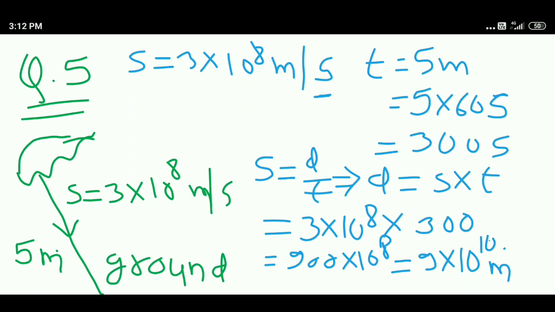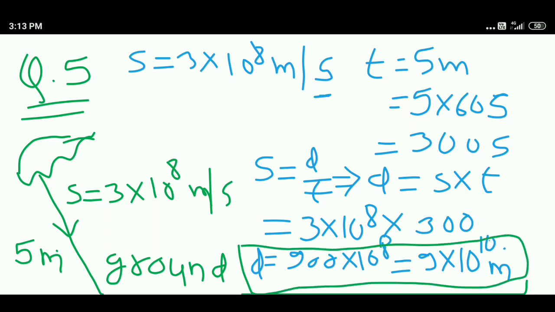We are finding the distance, so the distance is 9 into 10 to the power 10 meter. We can also convert it into kilometers.